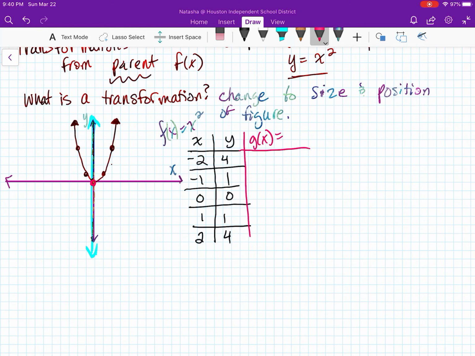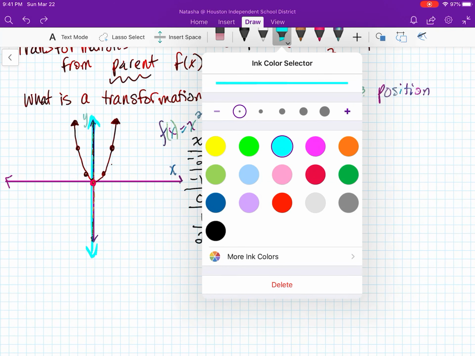We've transformed it from the parent function. Let's say g of x is equal to (x plus 2), and we're going to square that. So this right here is the vertex in our original form.